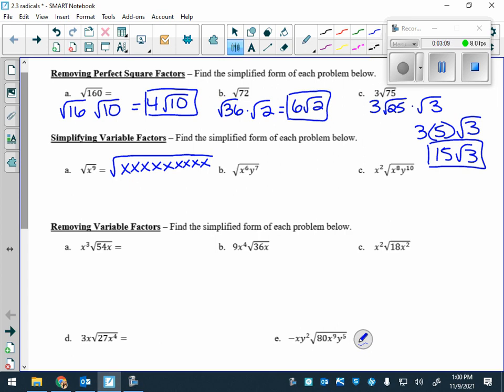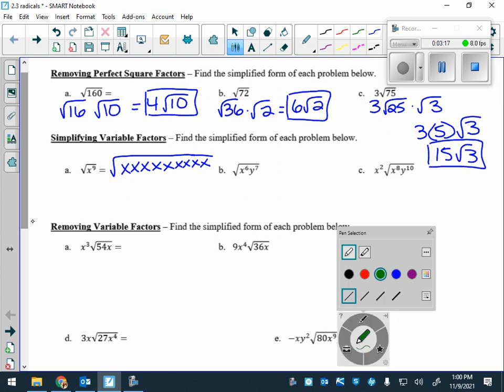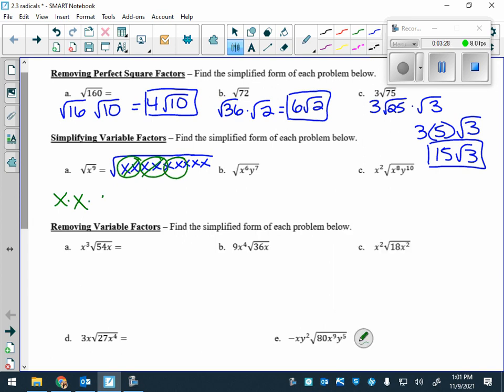Say if I expand it out, this is just one way when they're simple like this. I'm doing the same thing as pairs, right? So I'm going to circle a pair. For every pair I take out, 1 x comes out. And whatever I do not circle stays inside.